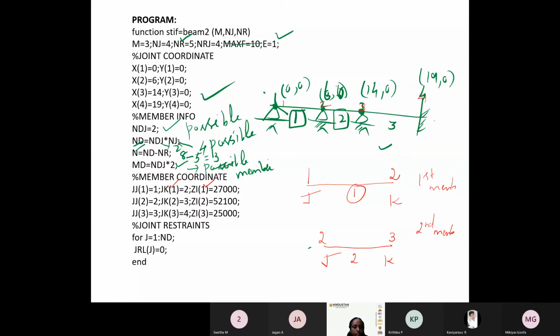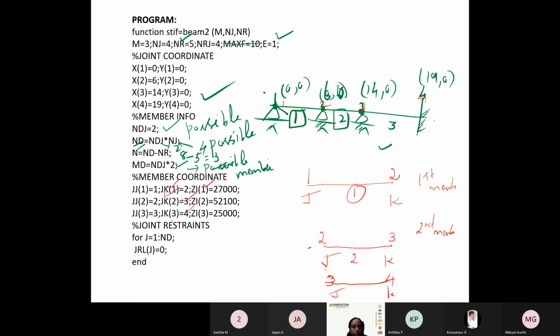So I have written here for the second member, 2 and 3, and the moment of inertia also given. The third member is connected with 3 and 4. So J is 3 and K is 4. Here I have written J is 3 and K is 4.